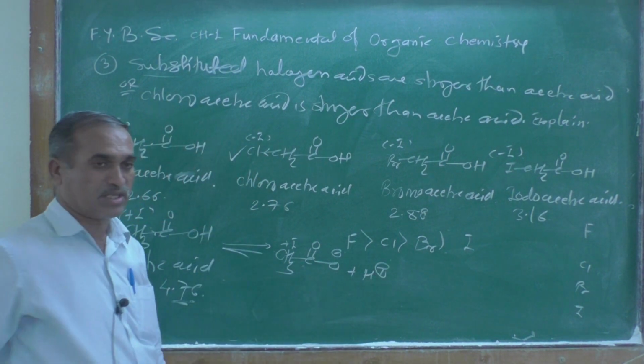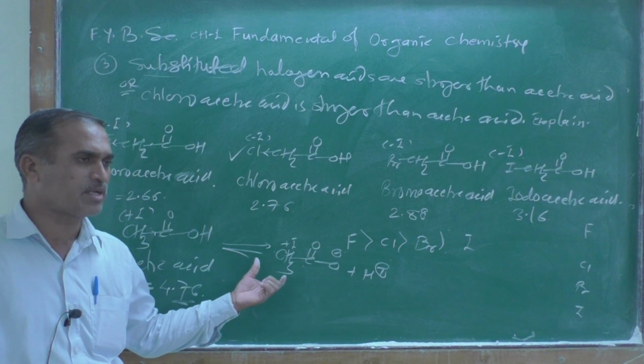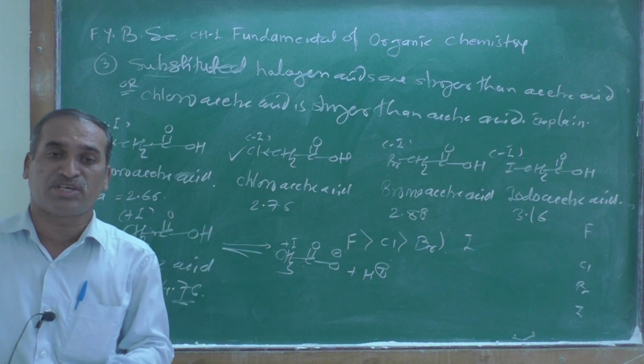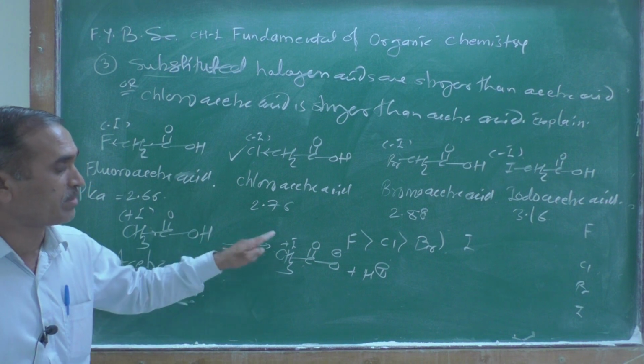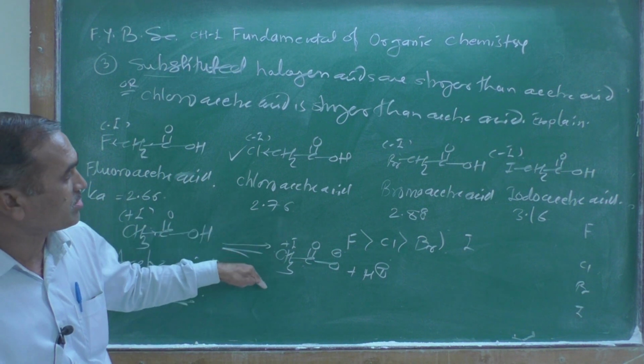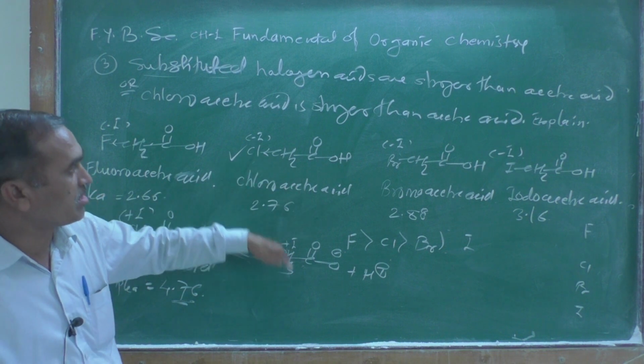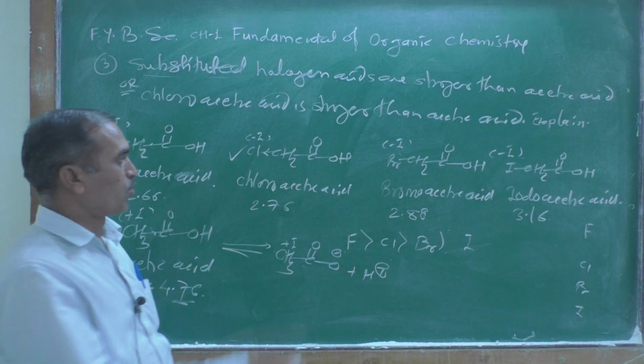Now this is the acetate ion. The acetate ion is destabilized due to the plus I effect, and therefore acetic acid is a weaker acid as compared to chloroacetic acid.